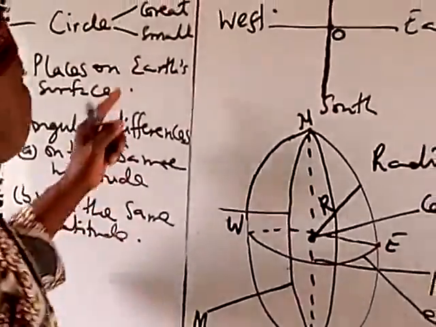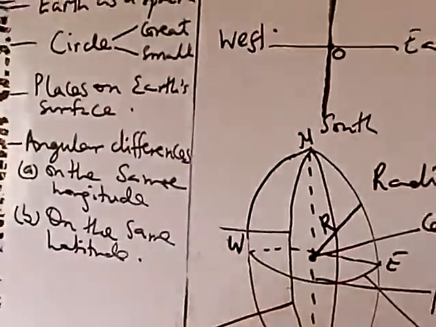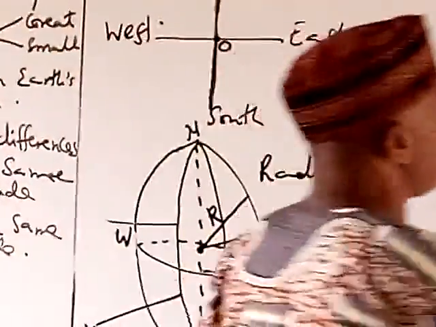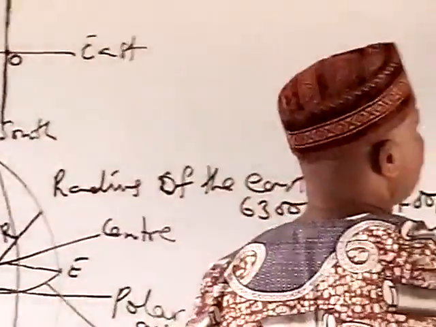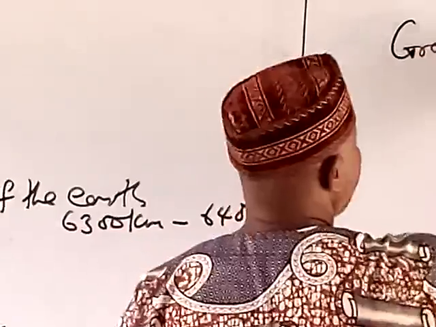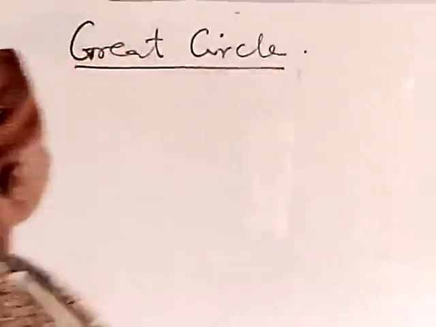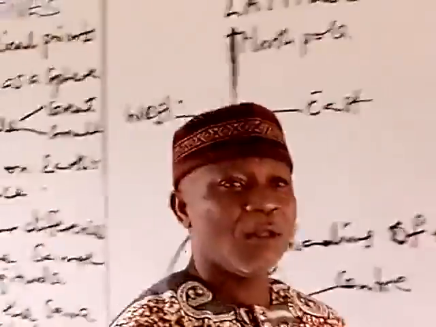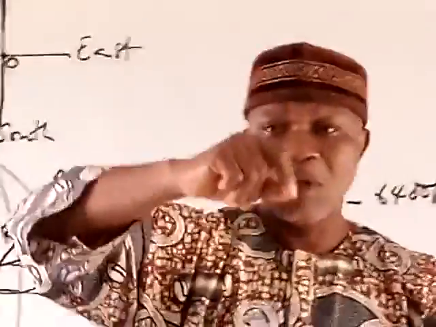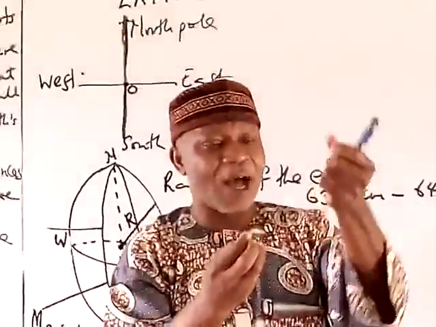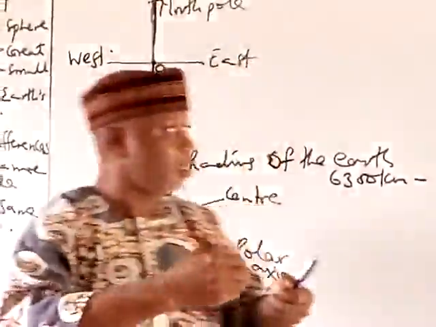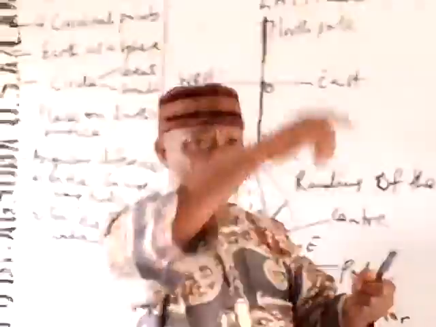Now, circle, great circle, and small circle. When we discuss the great circle, a great circle can be likened to when you have an orange and you peel the back of that orange.